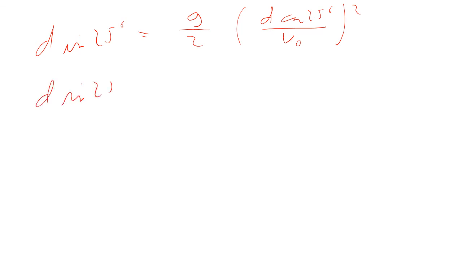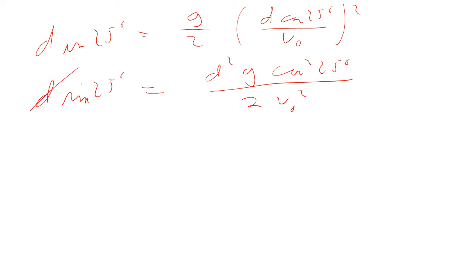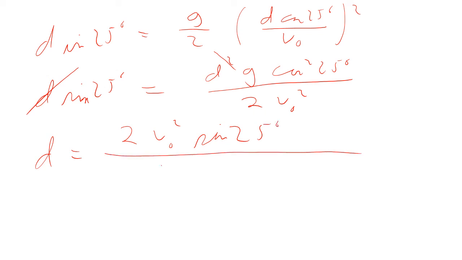D sine 25 degrees equals d squared g cosine squared 25 degrees over 2 v naught squared. That d cancels that d, and so we just solve for d. So d is going to be 2 v naught squared sine of 25 degrees divided by g cosine squared 25 degrees.